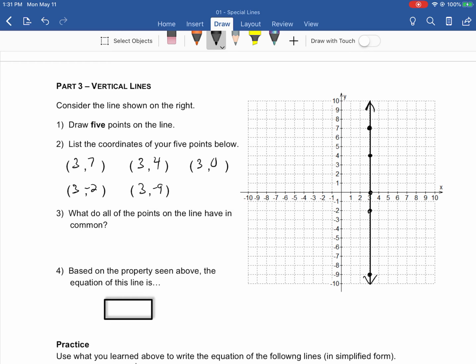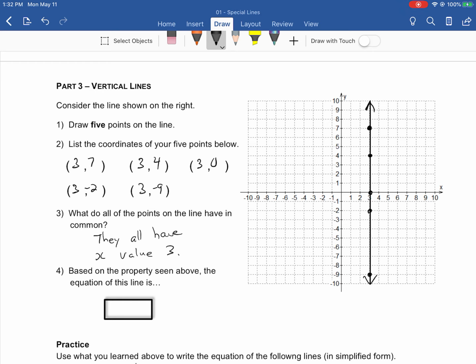Take a look. What do all the points have in common? Every single point here has x value of 3. And that points us towards what the equation of lines that are vertical will be.